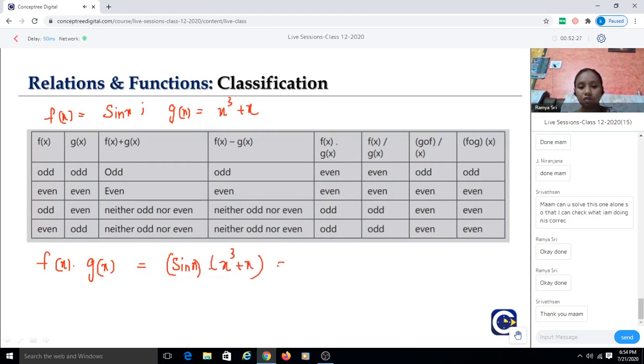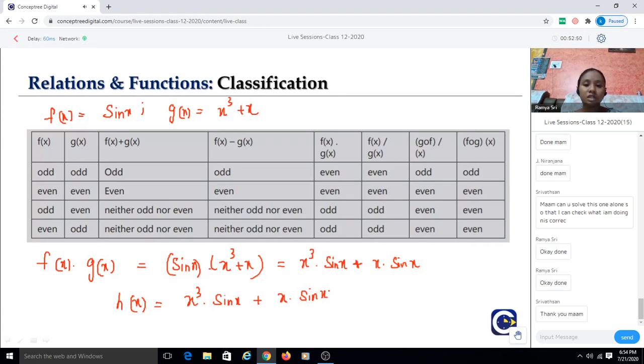Right. So if we multiply, it will be x cube into sin x plus x into sin x. So now our new function, which is h of x, is equal to x cube into sin x plus x into sin x.